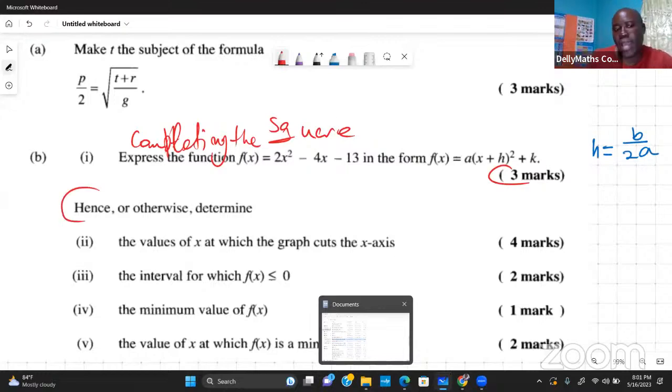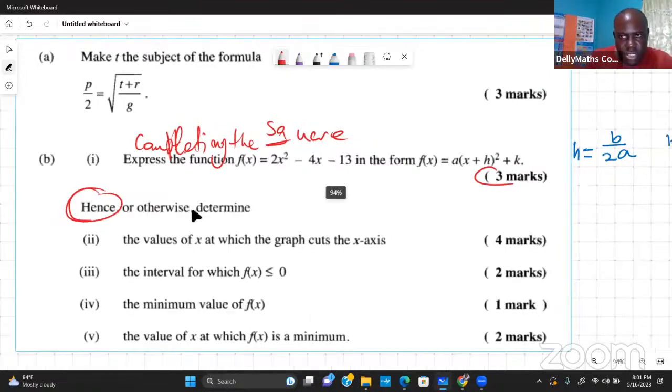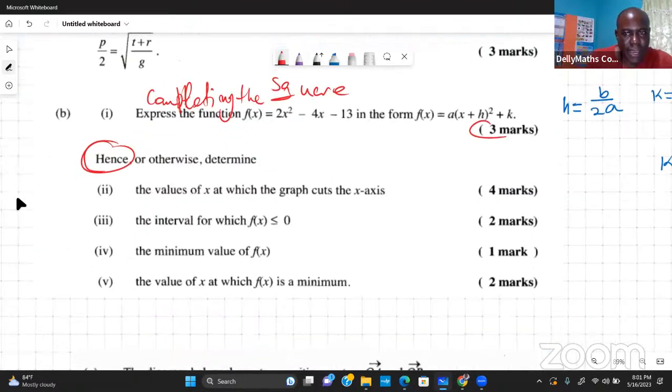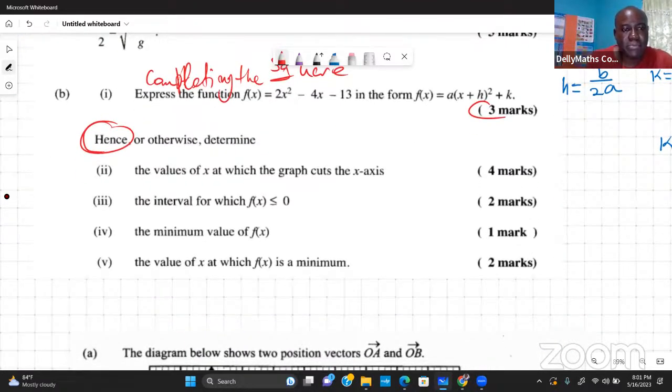Hence or otherwise. Well, I like this because we're able to just start answering questions, right? It says we want to determine the values of x at which the graph cuts the x-axis. The value of x at which it cuts the x-axis. When you cut the x-axis, do you know that is the x-intercept they want?